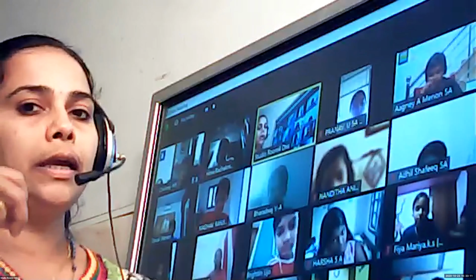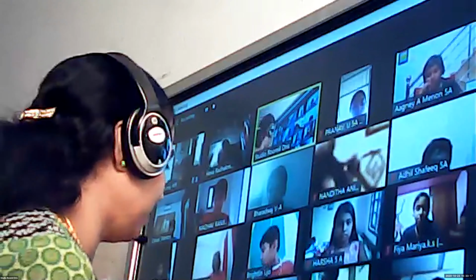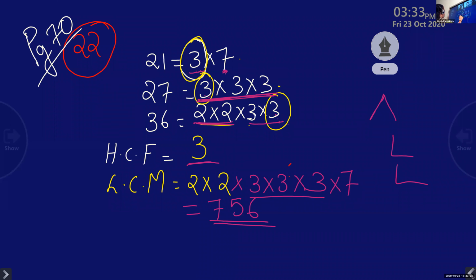In HCF and LCM, first you have to write the numbers as the product of prime numbers. And for highest common factor HCF, we have to take only if the number is common in every number. Here only 3 is repeated. Here 7 is there, but here there is no 7. Here also not 7.